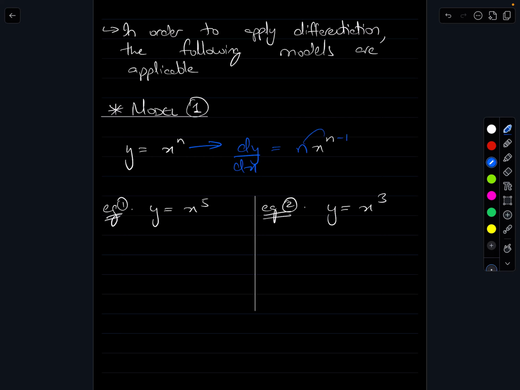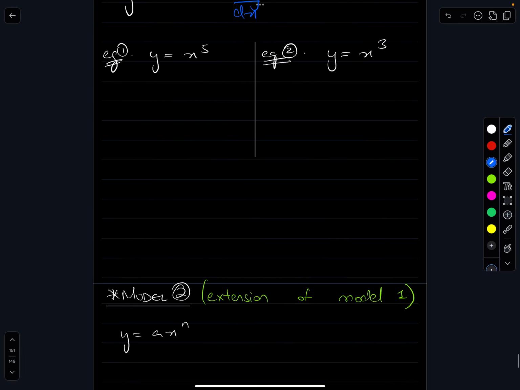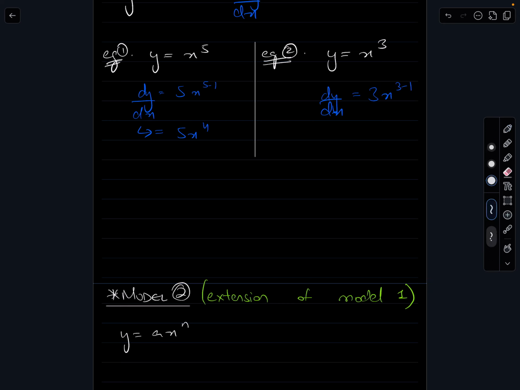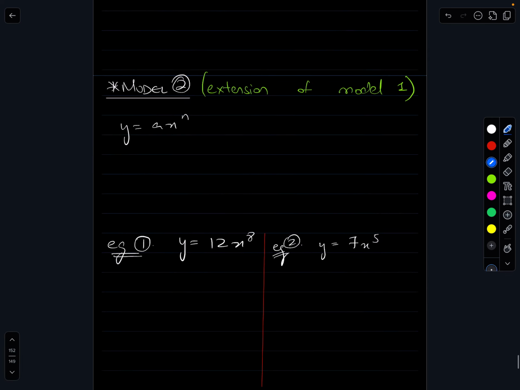Again here, first step, bring the power down, reduce the power by 1, and this is my differential, 5x power 4. Similarly, in this case, dy by dx is 3, bring the power down, reduce the power by 1. 3 minus 1 is 2. So I'll directly write this down, no need to show the simple one.